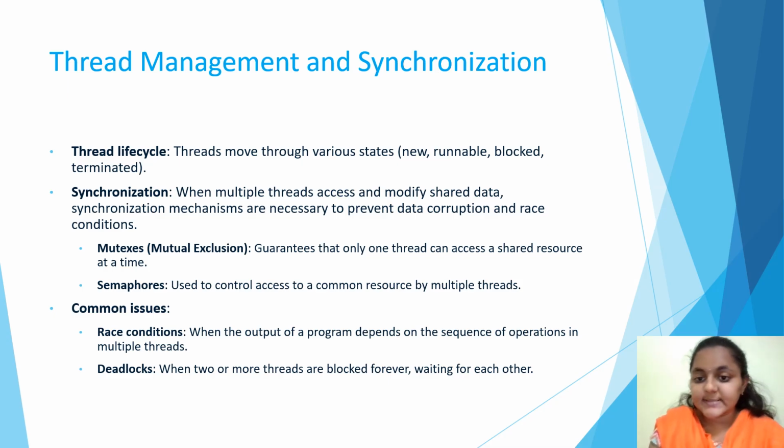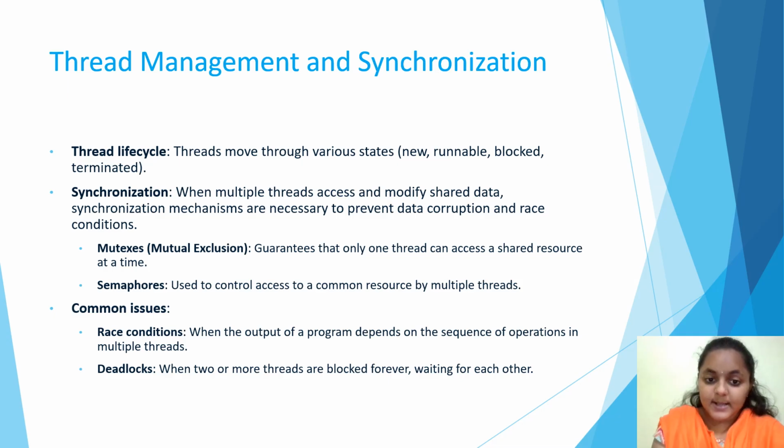Thread management and synchronization. When multiple threads access shared data, synchronization ensures data consistency. Common mechanisms: mutex, or mutual exclusion, where only one thread can access a critical section at a time. Semaphore controls access to shared resources among multiple threads.